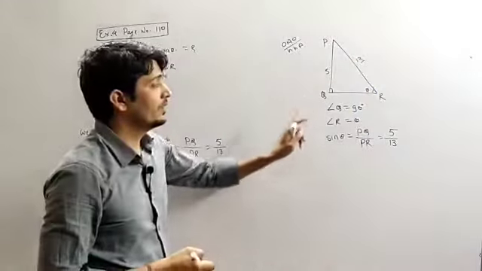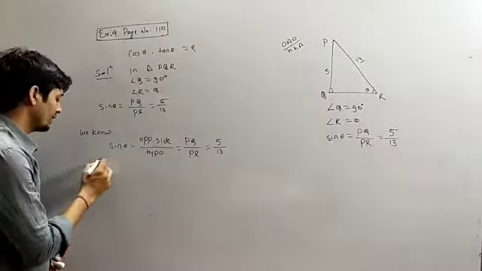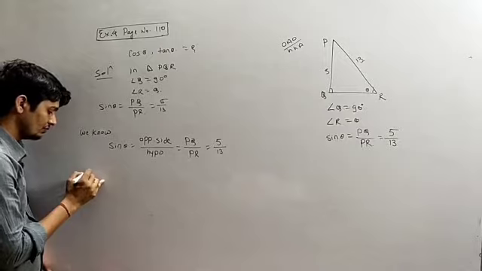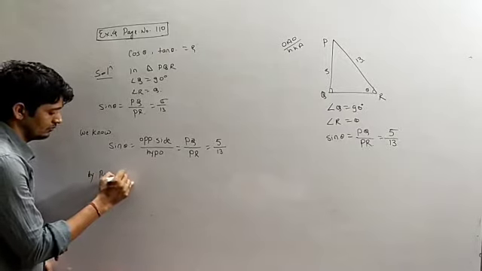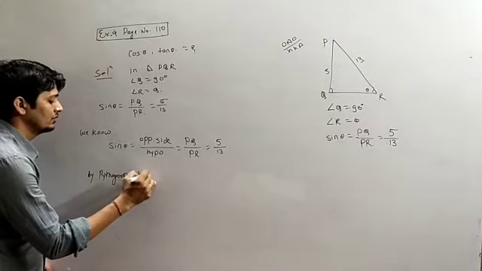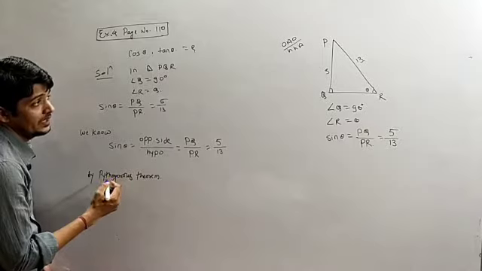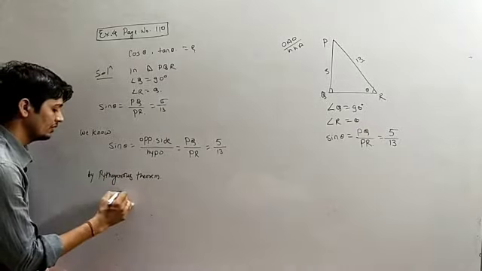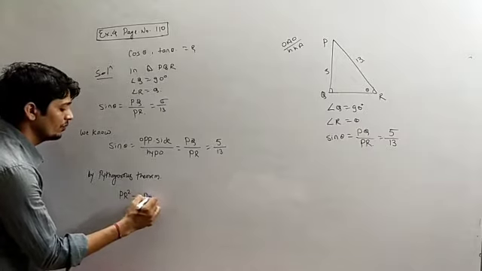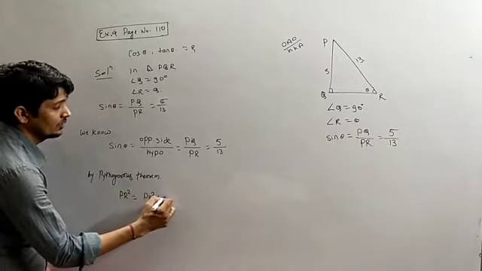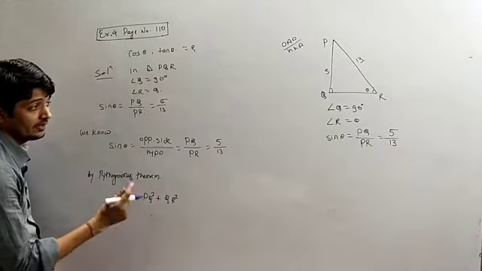Now we have to calculate the value for QR by using Pythagoras theorem. By Pythagoras theorem, we can write PR square equals PQ square plus QR square.